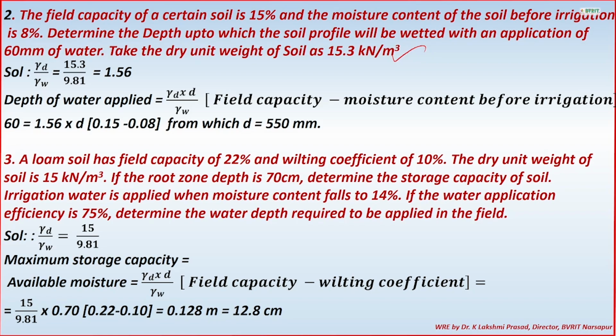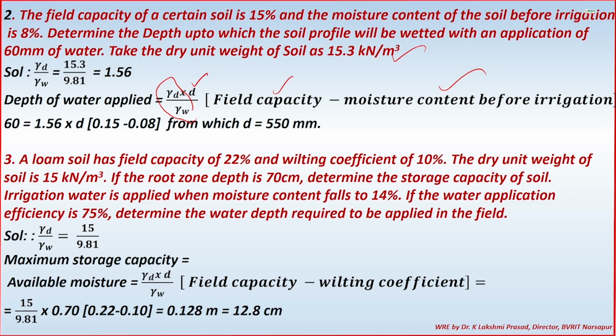So depth of water applied, that is what we need to calculate. Why? Because depth of water applied is equal to gamma D by gamma W into D, basically that is depth of soil, into field capacity minus moisture content before irrigation. This is the basic thing.